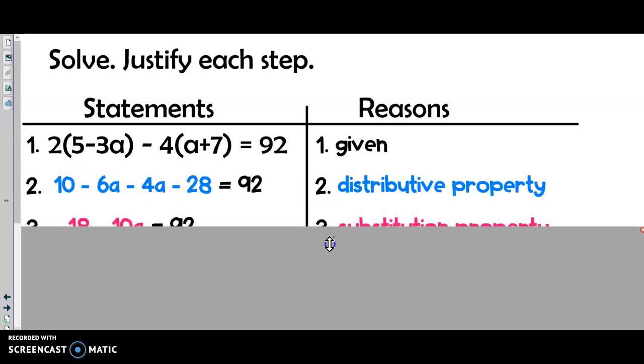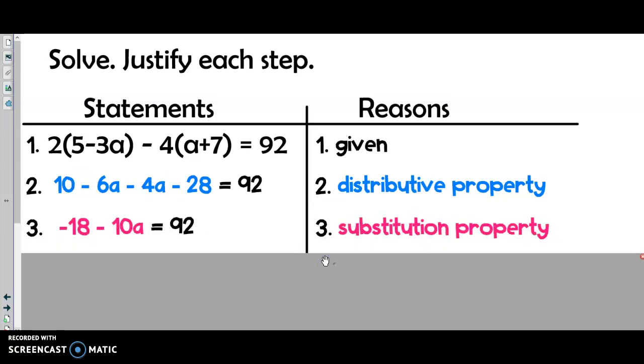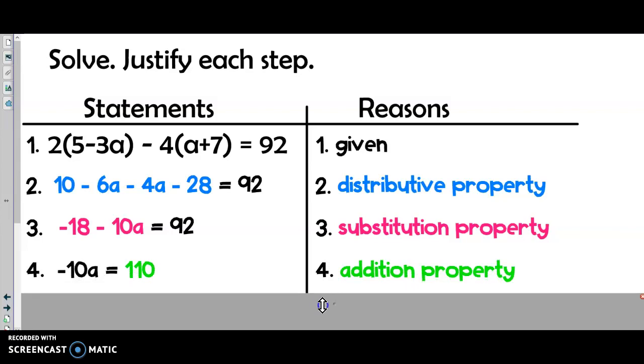So from there, I'm ready to combine like terms. This is where the substitution property allows me to combine the -6a and the -4a, and the 10 and the -28. And now I'm going to work on both sides of the equal sign. I'm going to use the addition property of equality to move that -18 over to the other side.